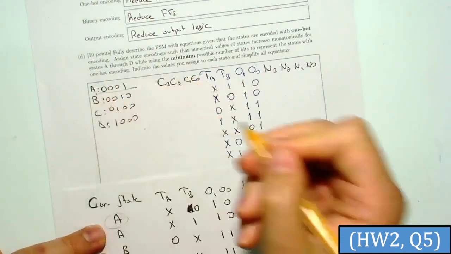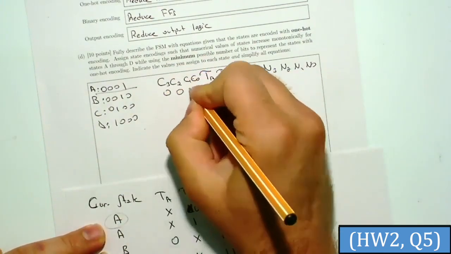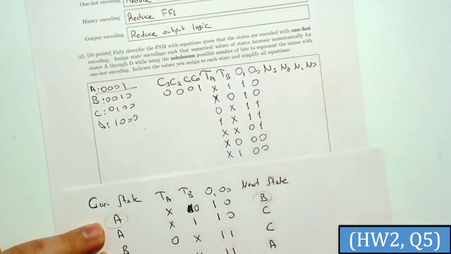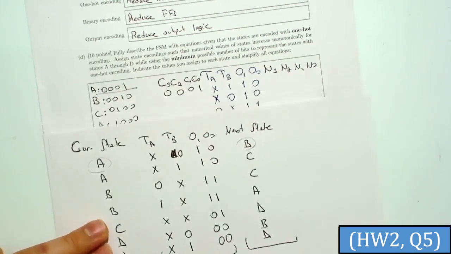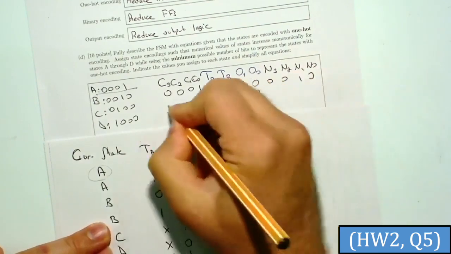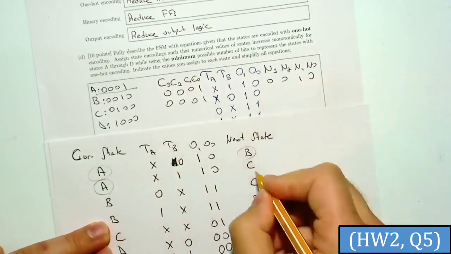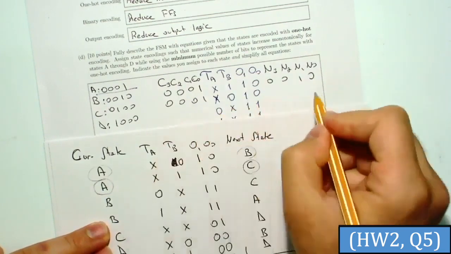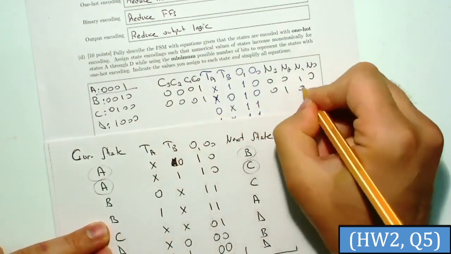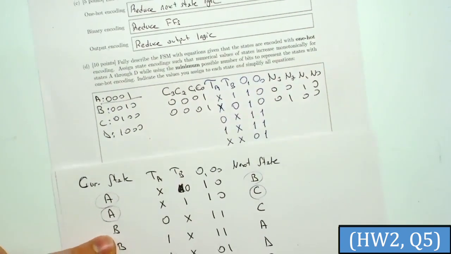If you remember, those two rows are AA. So I'm going to write the way that I represent A here, and the next state was B, and I represent B as follows. And again A, and the next state for this one will be C. I think you got the rest.